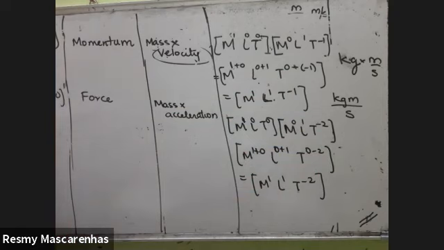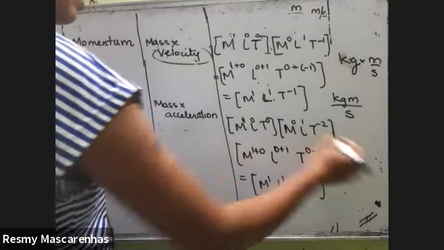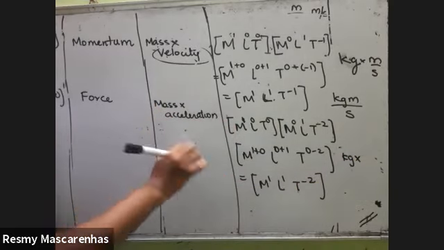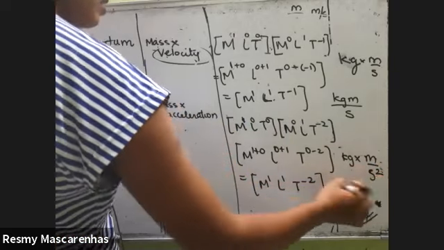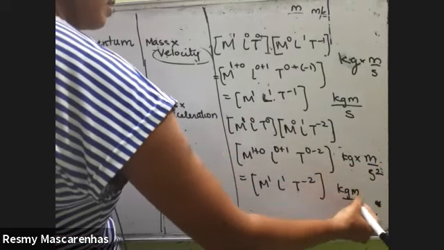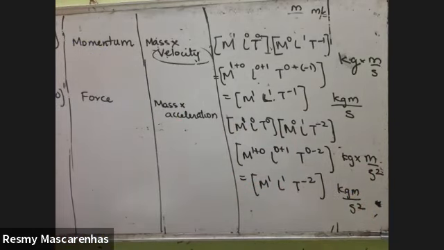Mass means kg into this one's unit, acceleration, meter per second square. So kg meter per second square, which can also be written as Newton.